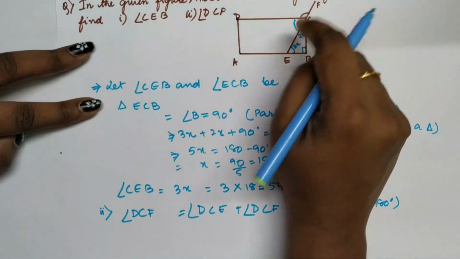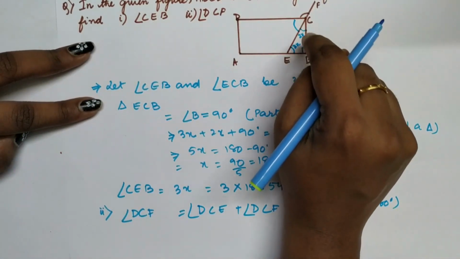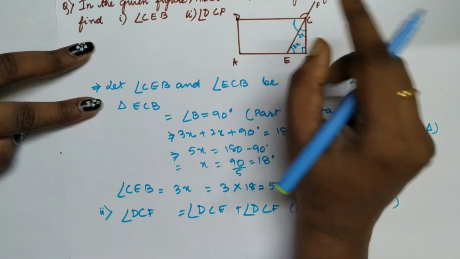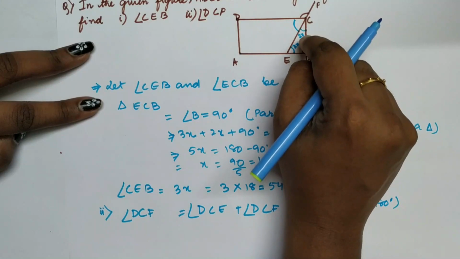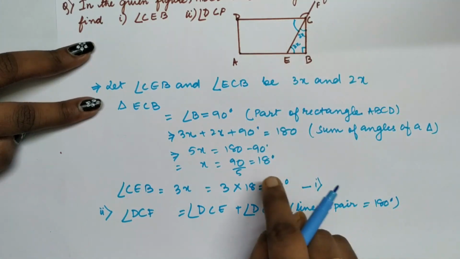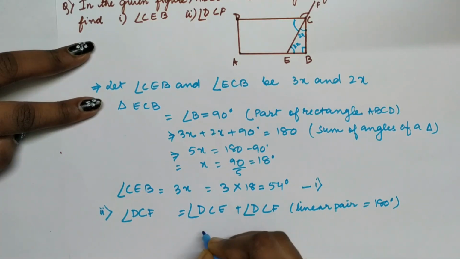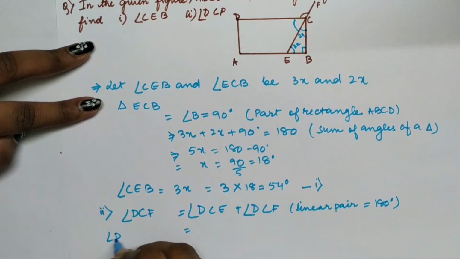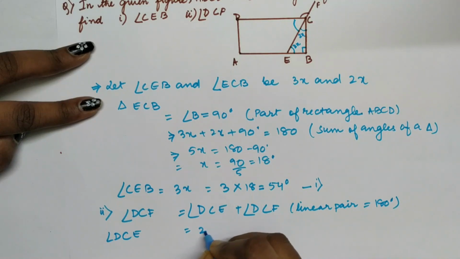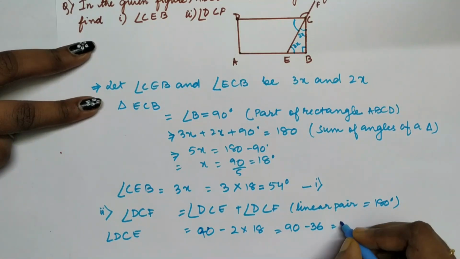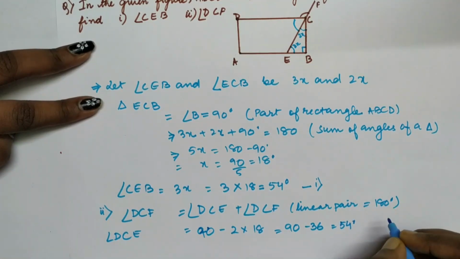So to get DCE, I can minus 90, because you know angle C is a part of the rectangle, which will be 90 minus 2x, that is 2 into 18. So DCE is equal to 90 minus 2 into 18, that is 90 minus 36 equal to 54 degree.